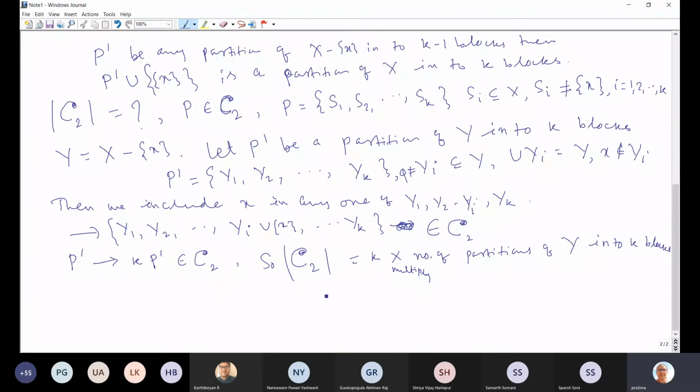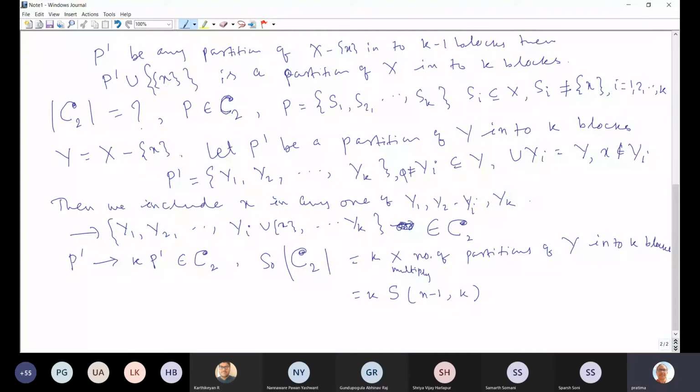And this is exactly the number of partitions of Y, which has n minus 1 elements, into k blocks. So this is exactly k into S(n minus 1, k).